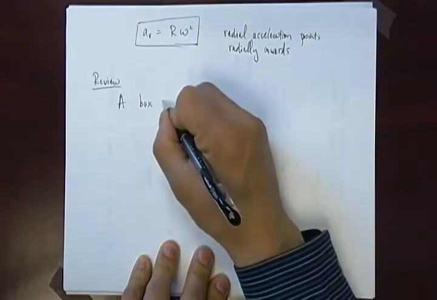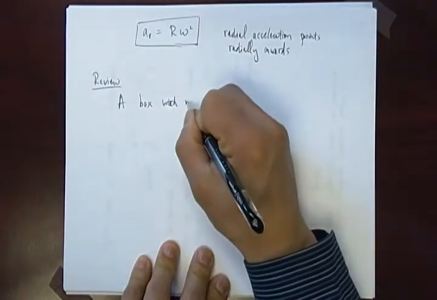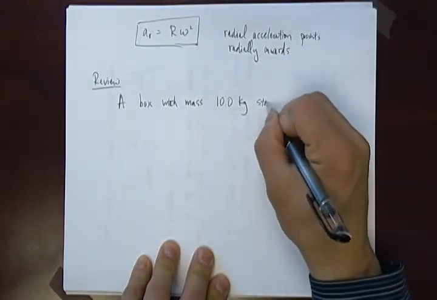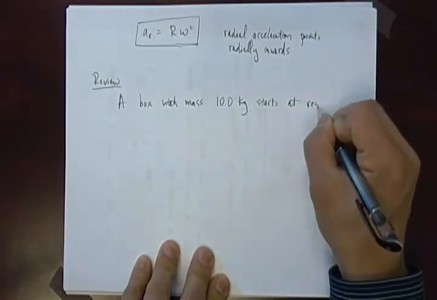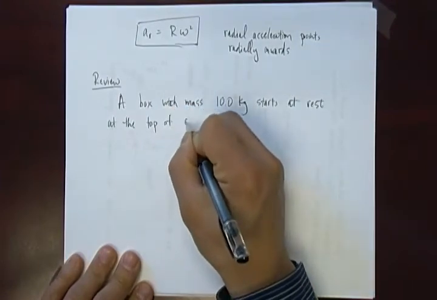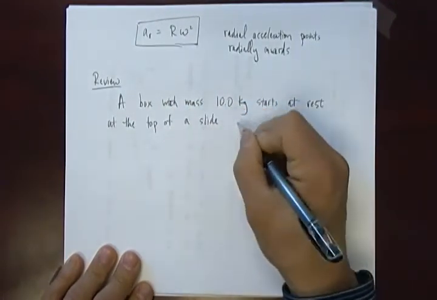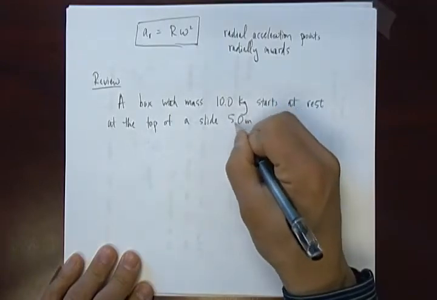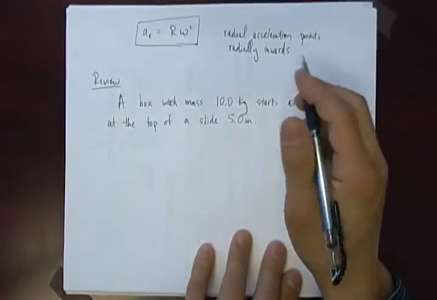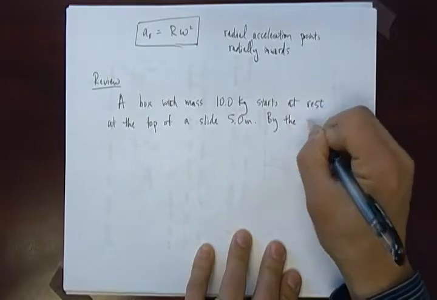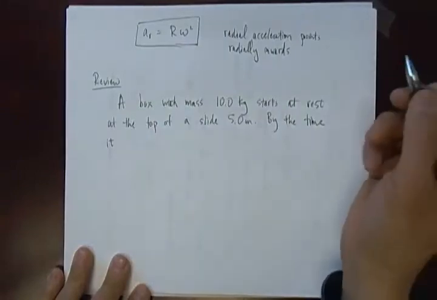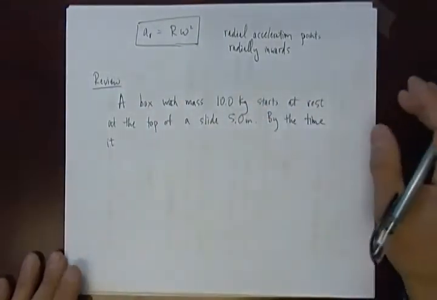So let's say a box with mass 10.0 kilograms starts at rest at the top of a slide 5 meters tall. That's how high it is. The box is going to slide down the slide. Why else would there be a slide?